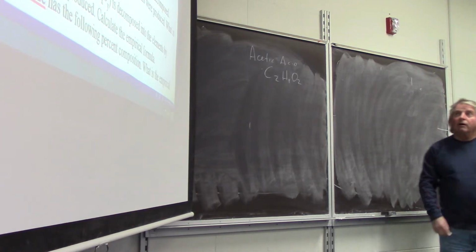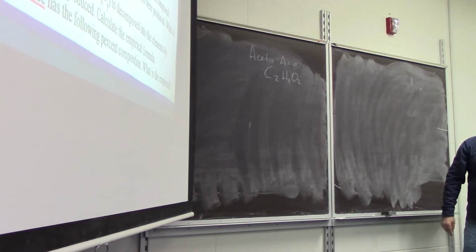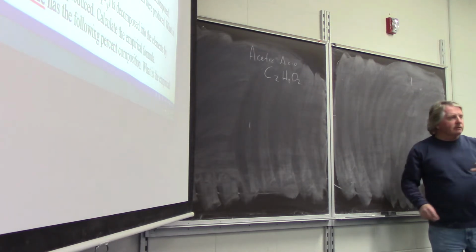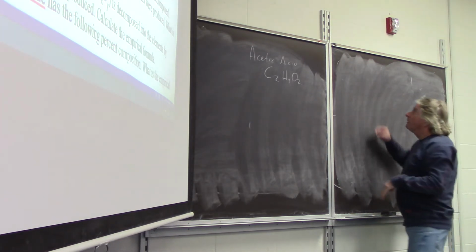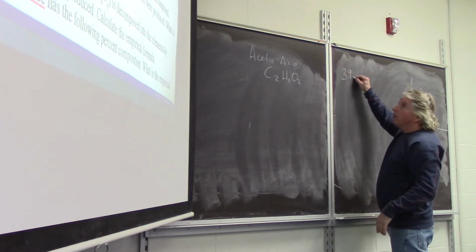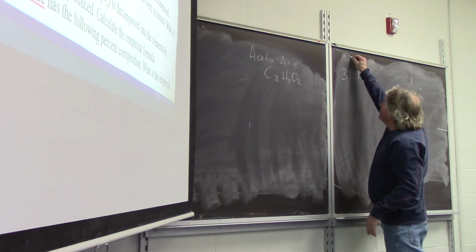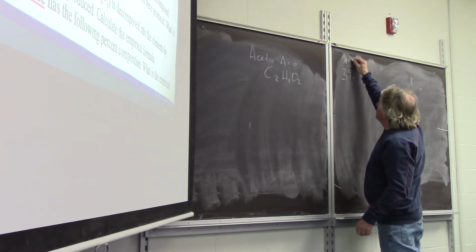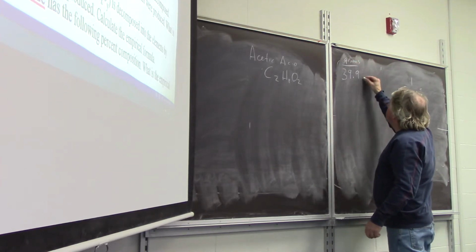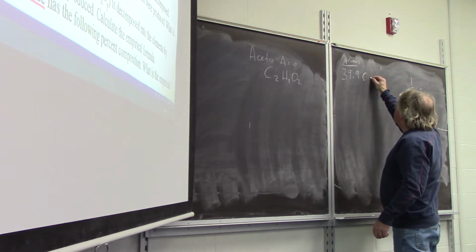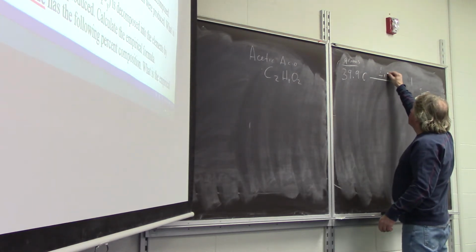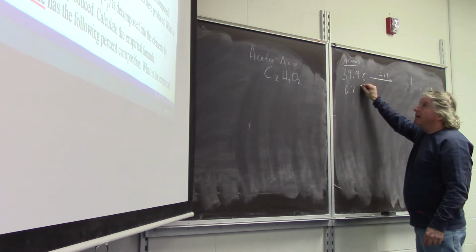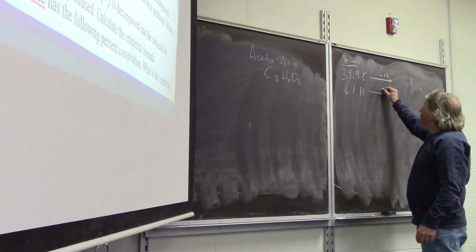All right, so all this should make sense. Again, percentage, you can just change that to grams. So it's going to be 39.9 grams. So you have your grams. Carbon, so you can divide by 12. 6.7 divided by 1.